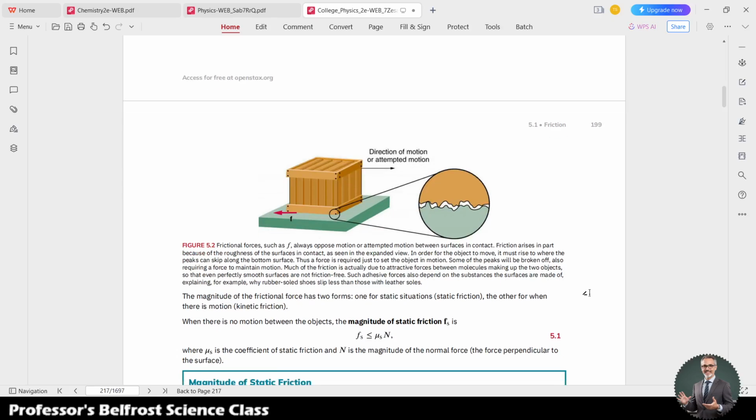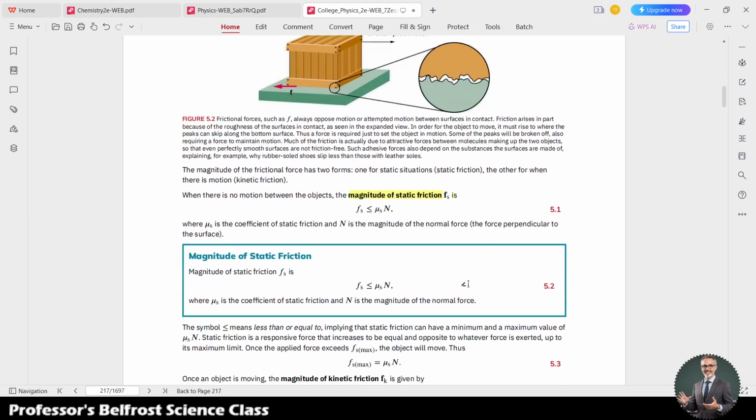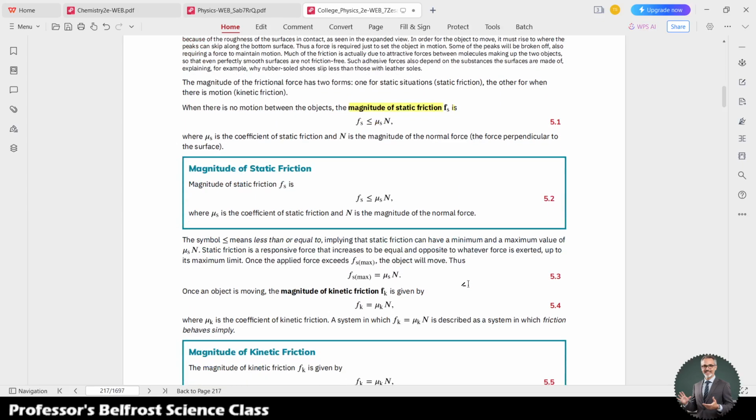And yeah, the magnitude of the static force is Fs less than or equal to mu_s n, where mu_s is the coefficient of static friction and n is the magnitude of the normal force. And Fs max equals mu_s n. And the magnitude of the kinetic friction is Fk equals mu_k n.